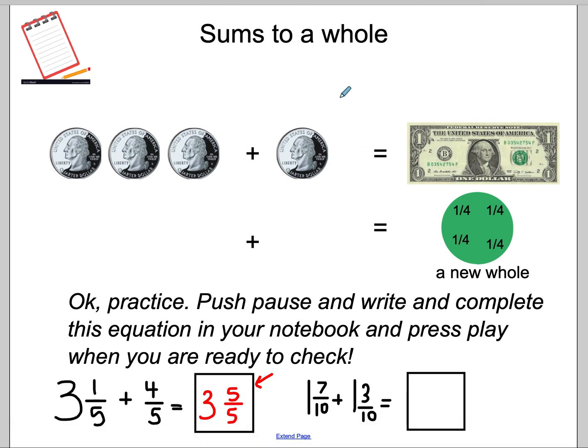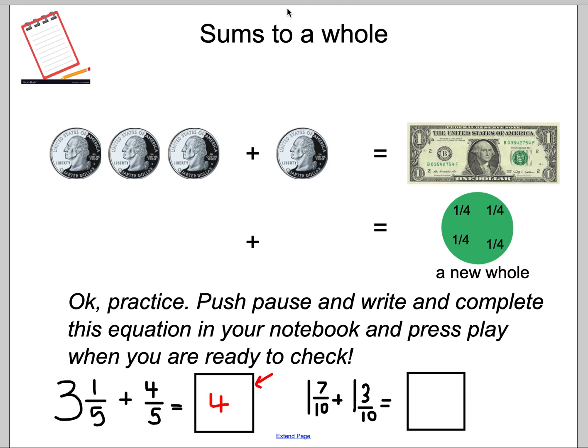We could take that 5/5 and we can actually regroup it to make another whole. And if we make another whole, what's 3 plus that new whole? That would be 4. Yeah, so 4 is the answer to this equation, most simplified.